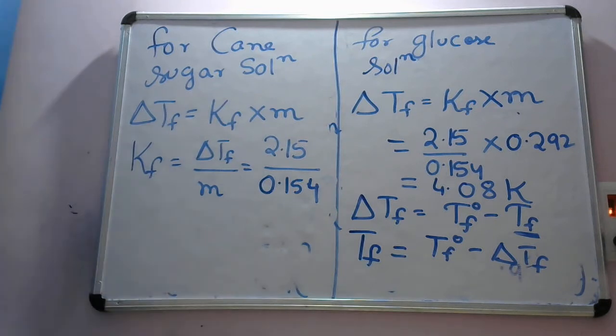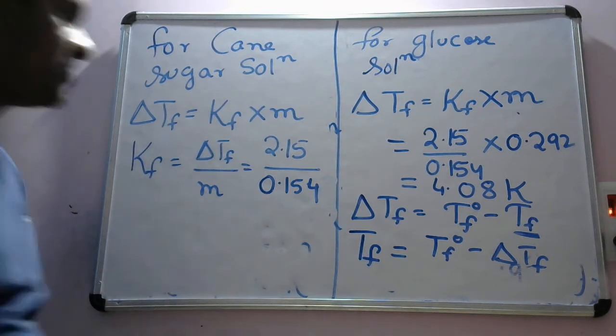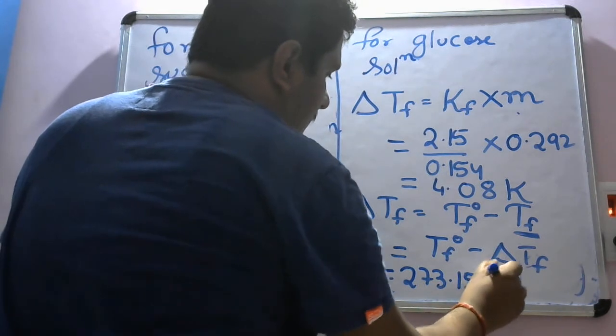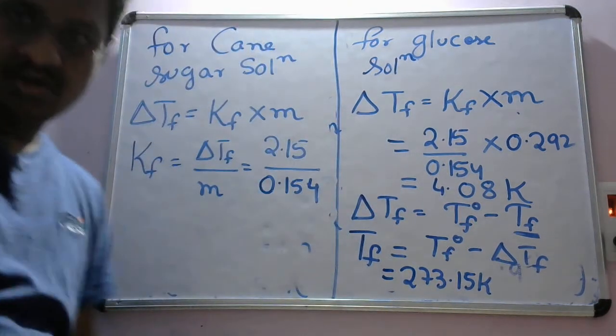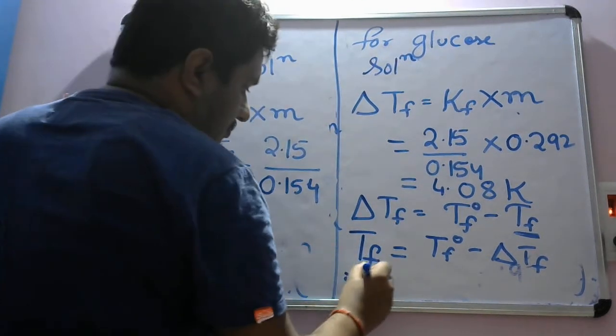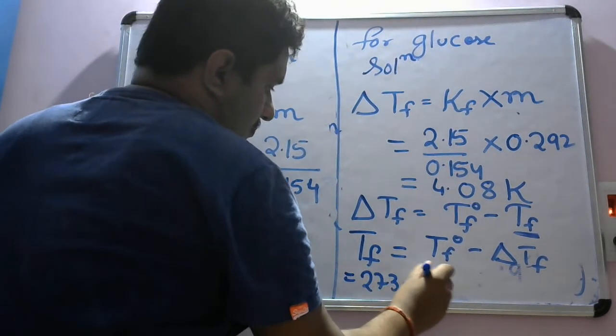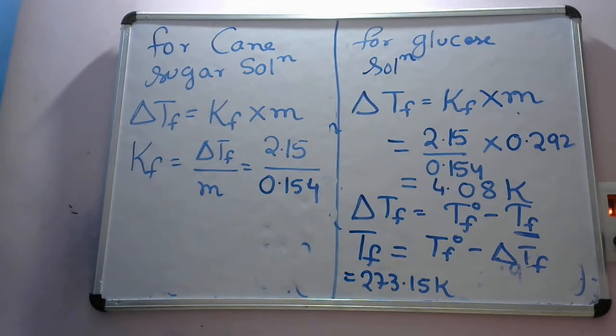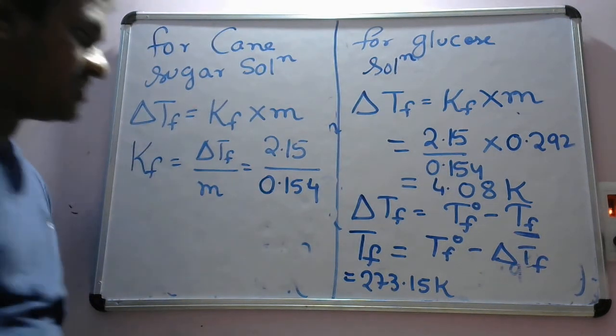Tf naught is the freezing point of pure solvent, we already have it, 273.15 Kelvin. Okay, 273.15 Kelvin we already have. Now delta Tf we just calculated, 4.08.